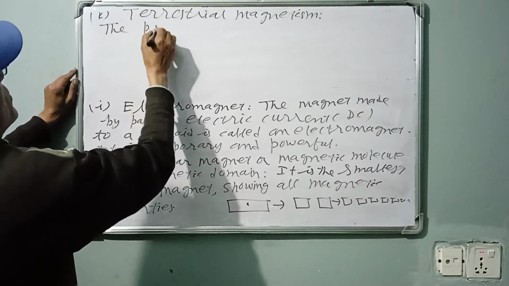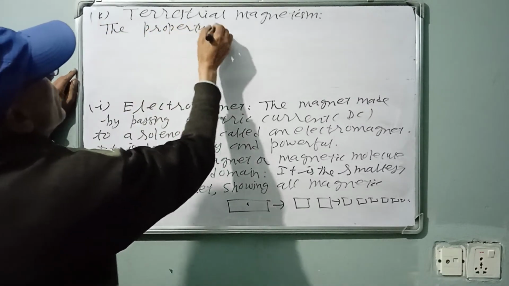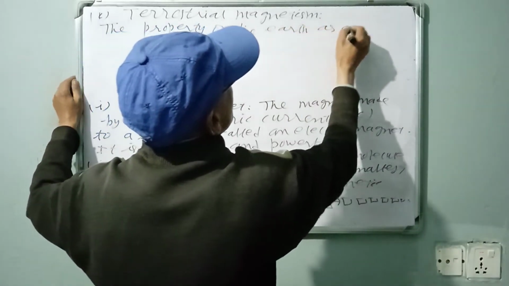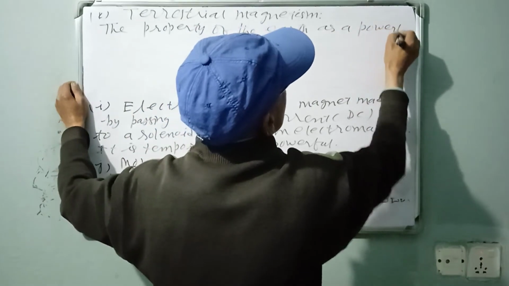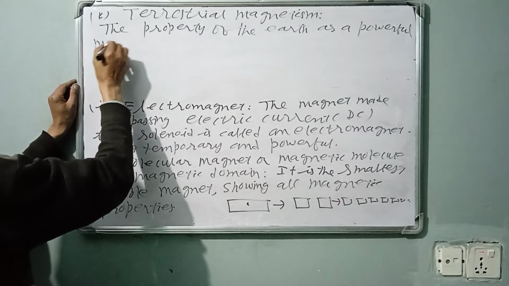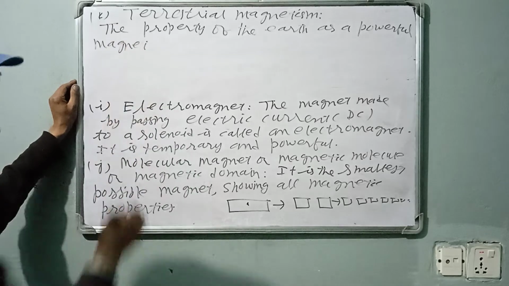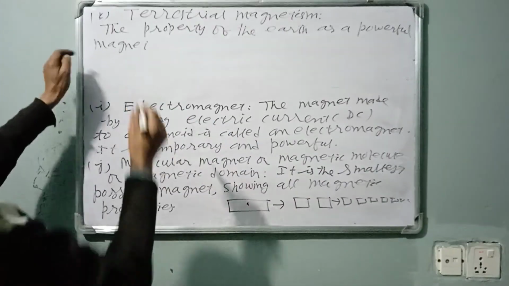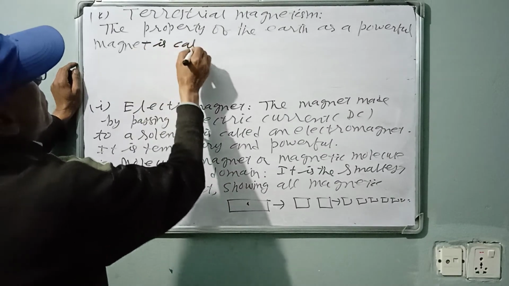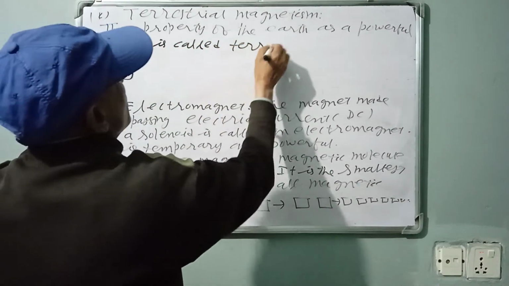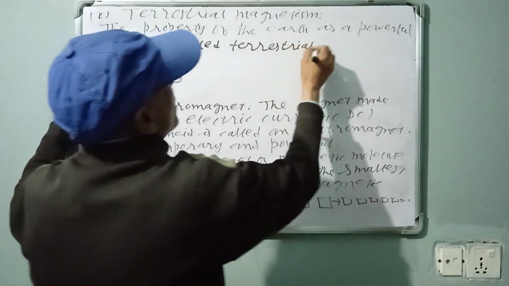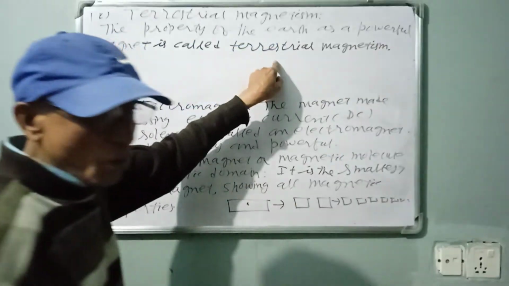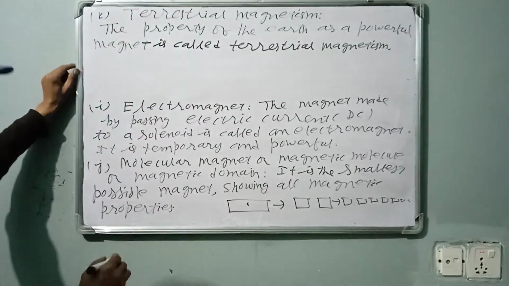The property of the earth as a powerful magnet is called terrestrial magnetism. It means the earth is a powerful magnet. What is the reason behind it?